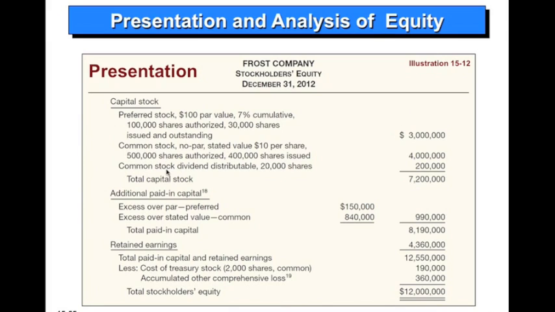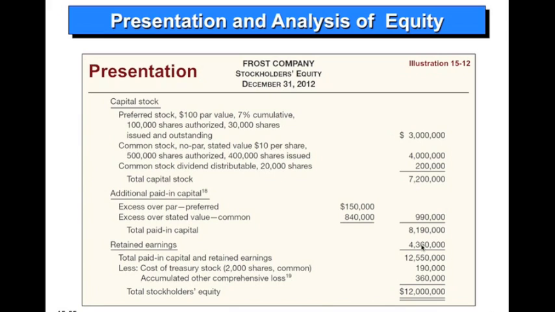Now we have here also common stock dividend distributable. So we have an allocation for a dividend, okay? And this is all for par. Now here's the excess of par for preferred, excess of par for common. Then we have total paid-in capital here. Then we have the retained earnings.